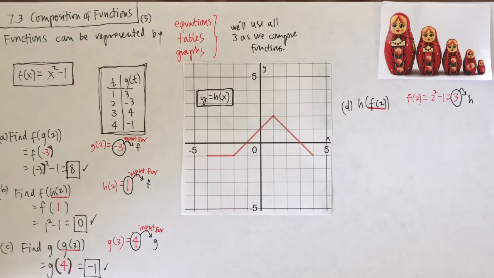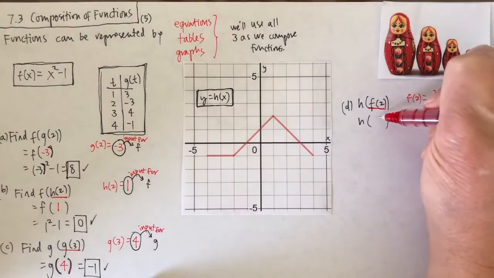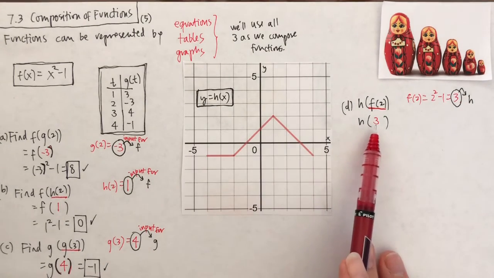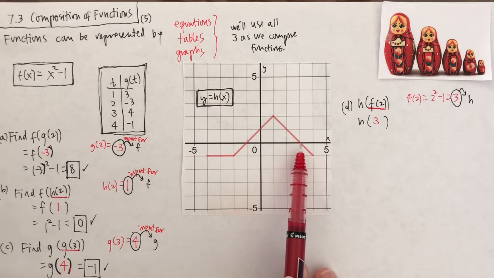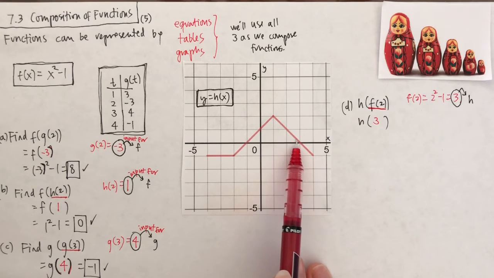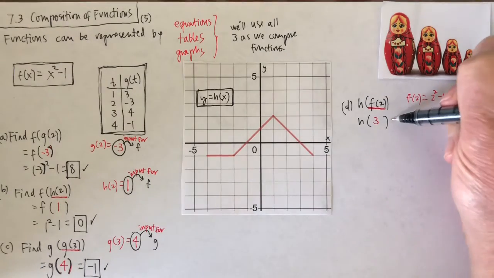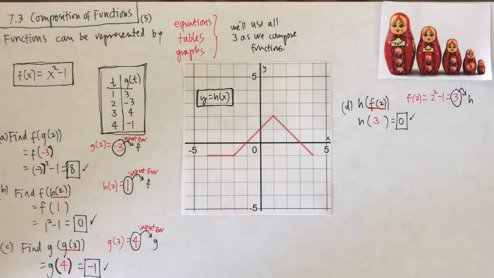This is my input for the function h. So h of f of 2, but f of 2 is 3. All right, so going to h, this is my input, like my x value. 1, 2, 3. And if my x value is 3, this graph tells me my y value is 0. And that's it. h of f of 2 is 0.